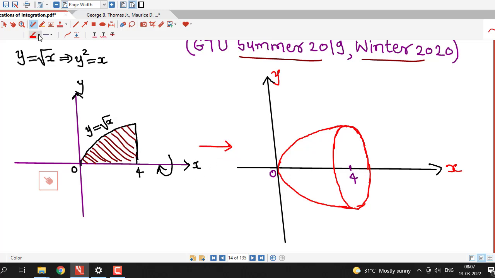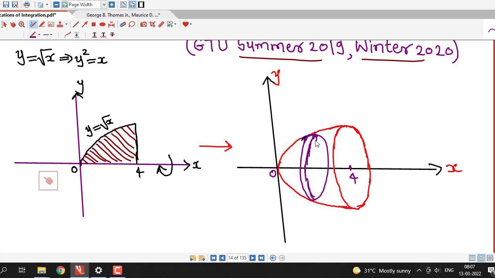Now it is simple. We consider a cross section perpendicular to the x-axis. Suppose we cut this solid by a plane perpendicular to the x-axis, then the cross section will be a disc. Let me try to sketch properly. So the cross section is going to be a disc with some radius and some thickness.